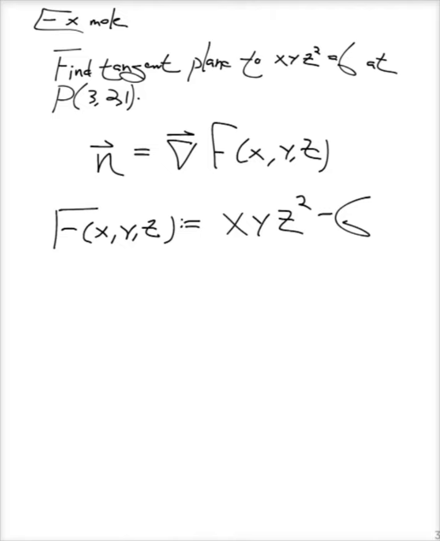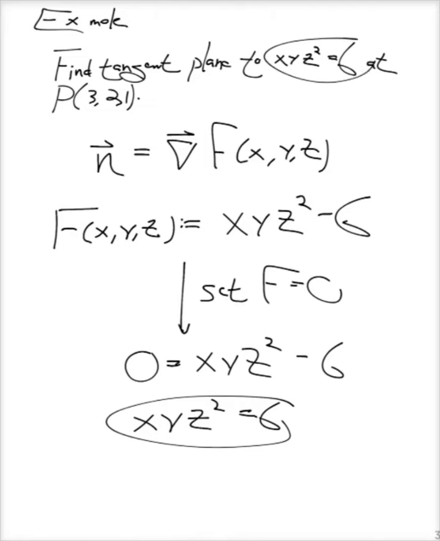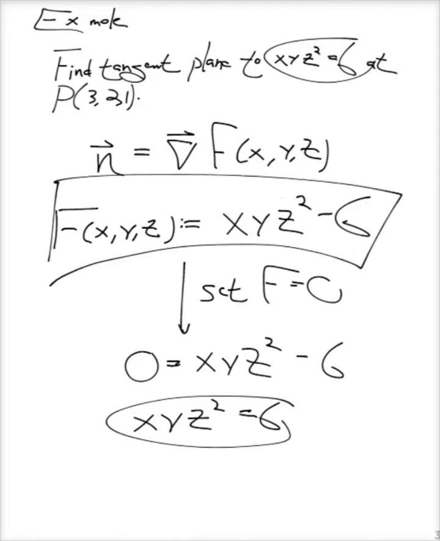That's a definition. And now we can see that if we set f equals 0, we obtain 0 equals x y z squared minus 6, or rearranging, x y z squared equals 6, which is the equation with which we began. So this is the function of 3 variables that we'll work with. In particular, this is the function whose gradient we'll take to obtain a vector normal to our tangent plane.